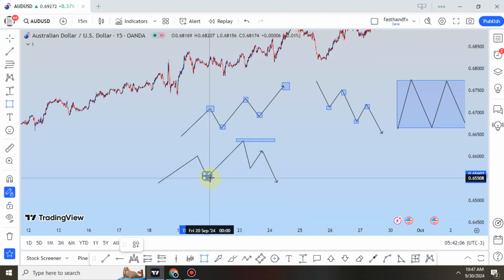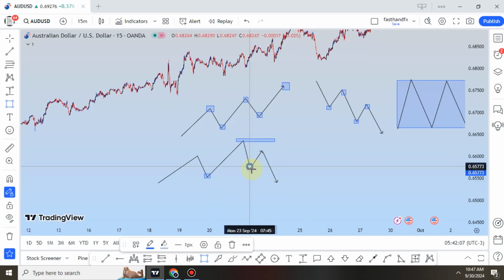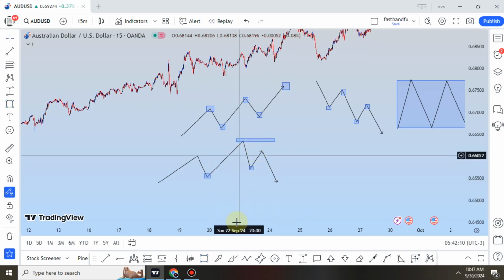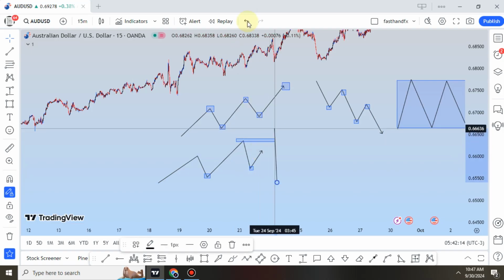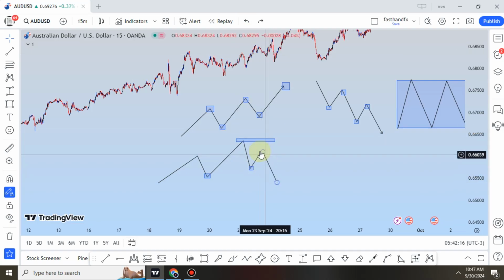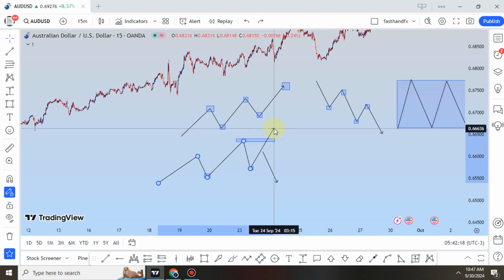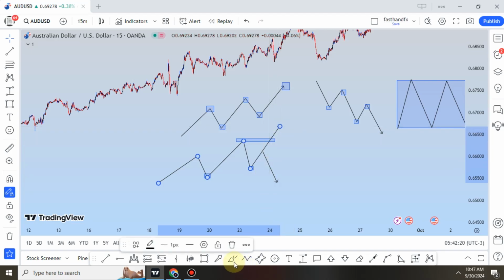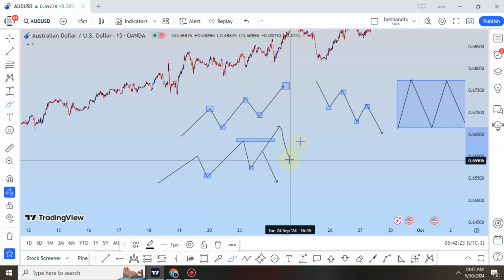Look at this, we had a higher low right there, and now we had a lower low right here. Instead of price breaking the previous high like this and continuing with its normal trend, something like this, like this, like this, we don't see that.